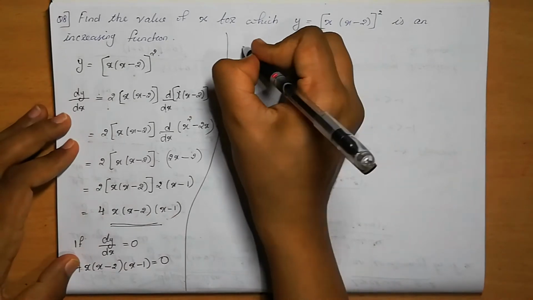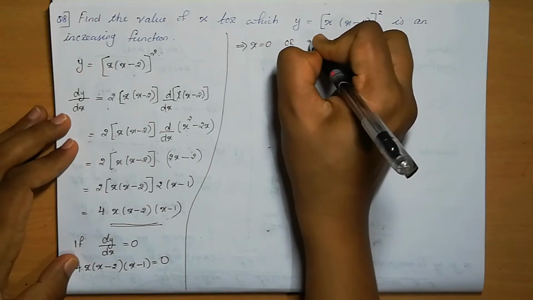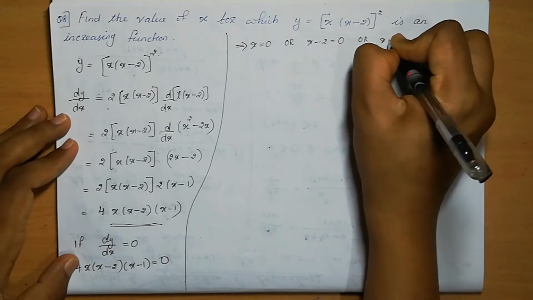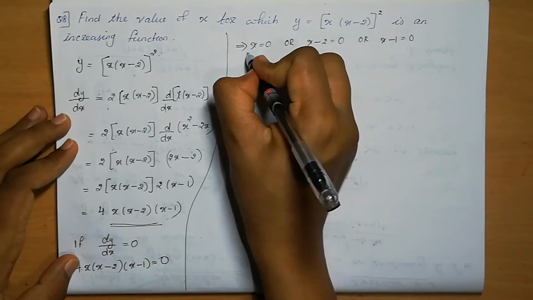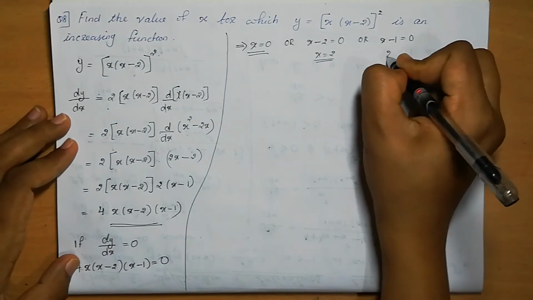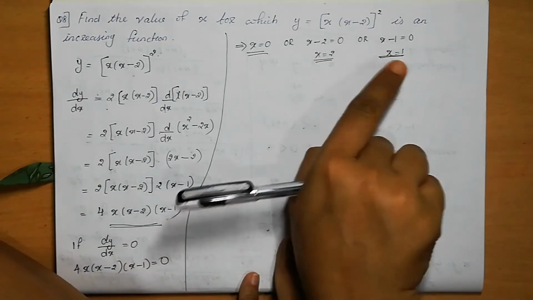That means x equal to 0 or x minus 2 equal to 0 or x minus 1 equal to 0. So x equal to 0, 2 or 1. That means we get the values of x as 0, 1 and 2.